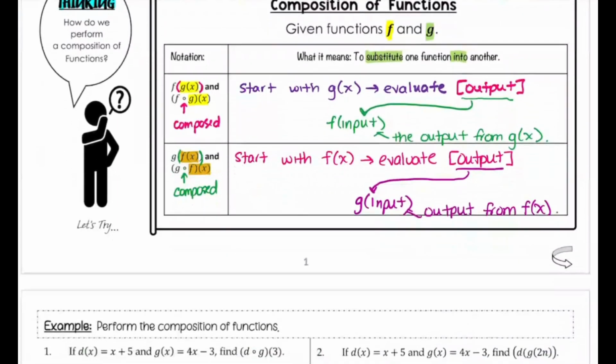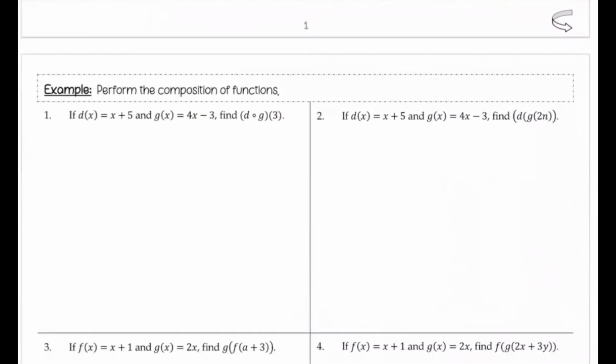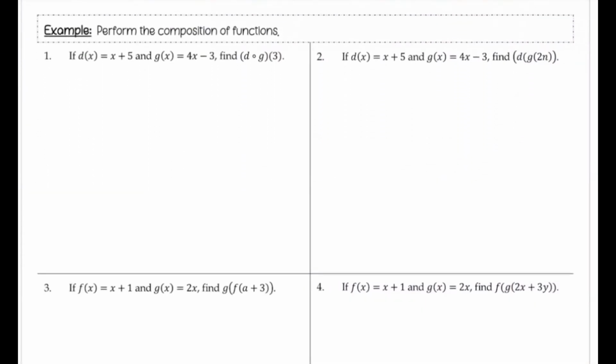So let's try doing our composition process. Example, perform the composition of functions. For number 1, we have a function d of x, which is x plus 5, and g of x, which is 4x minus 3. We have to find d, little open circle, which means composed, of g of input 3.